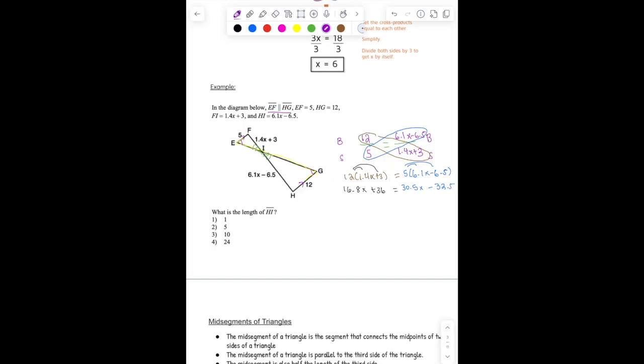And now we just need to solve our equation. I'm going to add 32.5 to both sides. And 36 plus 32.5 is 68.5.